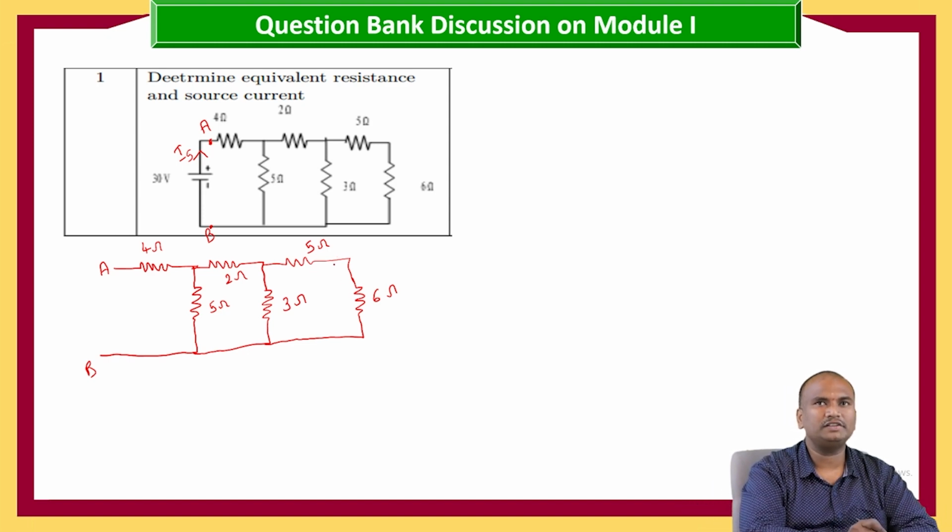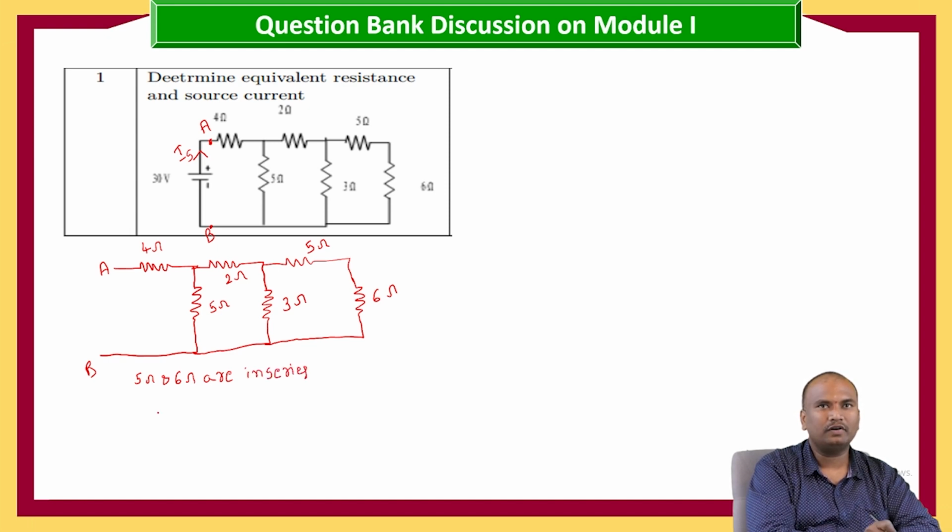So R equivalent 1 is equal to 5 plus 6, which is equal to 11 ohms.